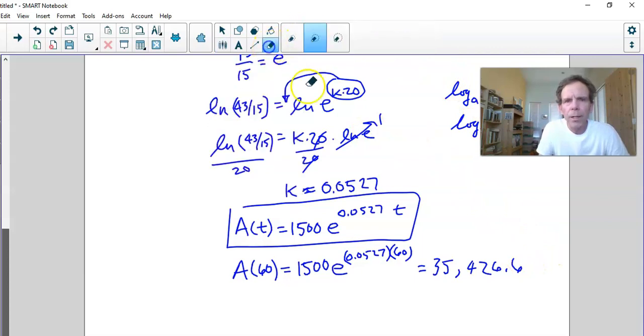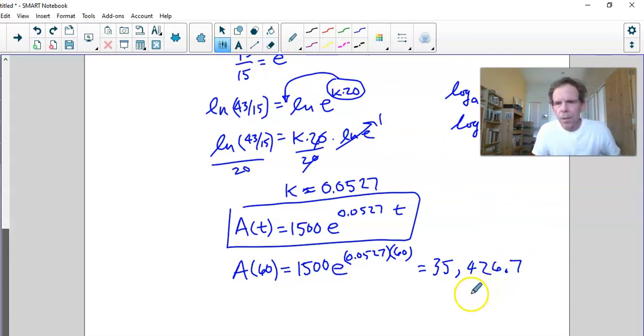And I want to make a point here about this decimal. There's more decimal places, but I'm just rounding to the nearest tenth. I want to say that what we really should be doing is rounding down to the nearest whole number, because this 427th person hasn't been born yet.